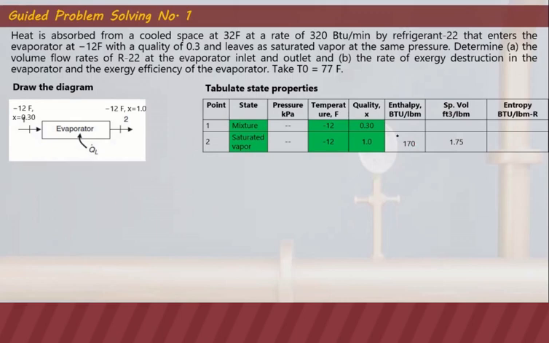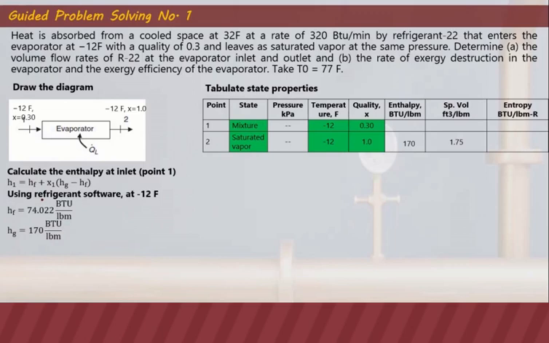And since we only know the quality at point 1 as well as the temperature, and since this is a mixture, we have to use equations for a mixture to get the enthalpy and other values. To calculate the enthalpy at the inlet, which is point 1, we will use the mixture formula. So h1 is equal to hf plus x1 times (hg minus hf).